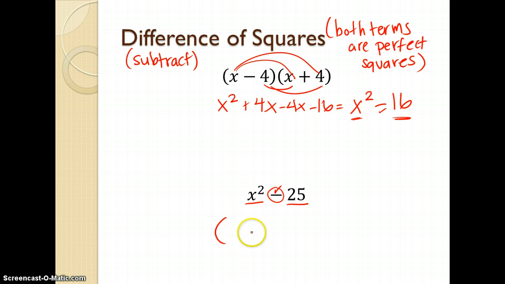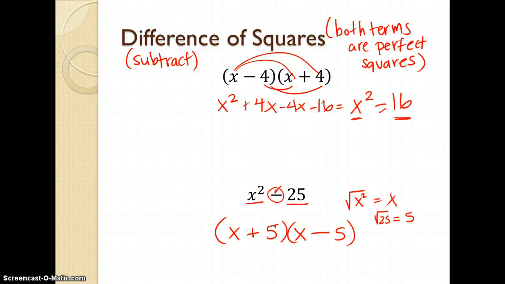So our parentheses are one plus, one minus, and I take the square root of x squared for the first term, which is x, and the square root of 25 is 5 for the second term. So it's just a quick check for you.